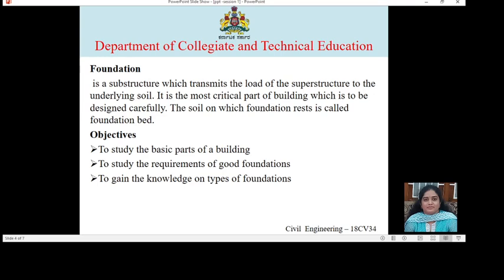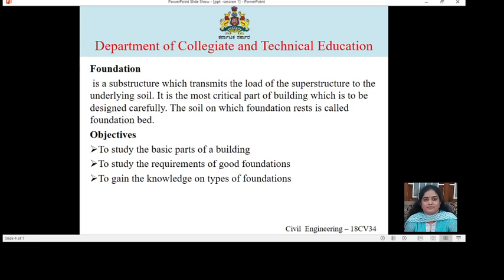What are the objectives of studying this foundation? To study the basic parts of the building, to study the requirements of good foundation, and to gain the knowledge of types of foundation. Actually, it is a very vast subject. You will find individual subjects in higher semesters regarding foundations, so this is only very basic.